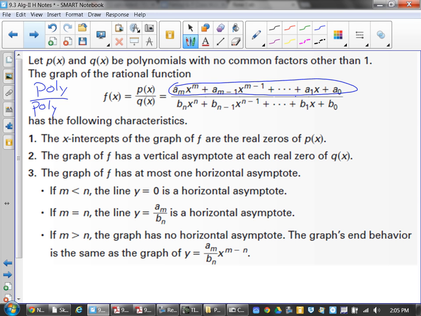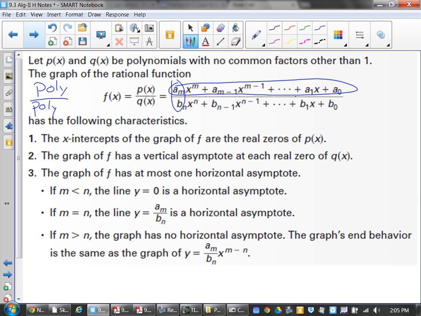The values of a and b you see here are just the leading term coefficients of the polynomials. That's all it is. Once you see a couple of quick examples, you'll see how easy it is to identify the parts.